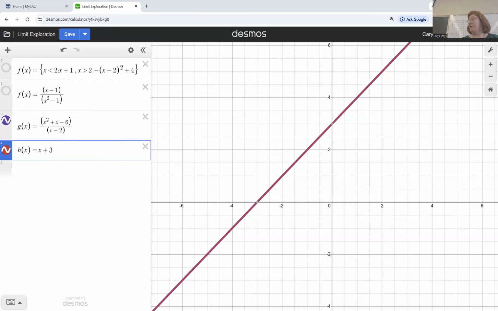Okay, so let's try another one. If I take -3 and put it into the denominator, what do we get? 0. We can't divide by 0. So I want to find the function that this is in disguise.